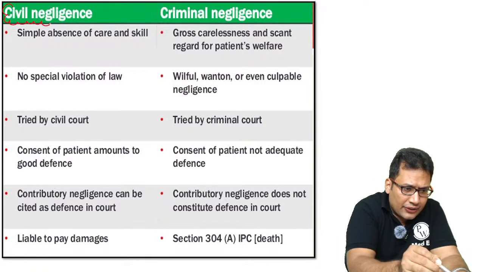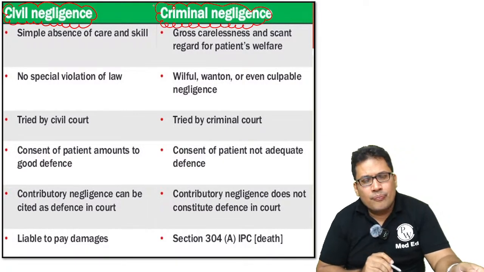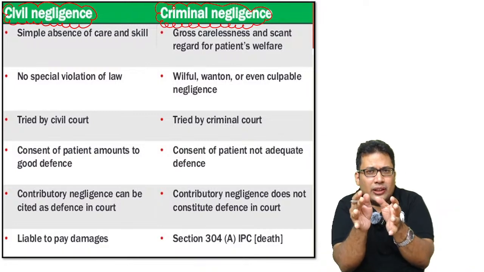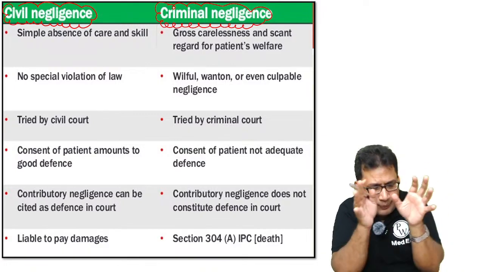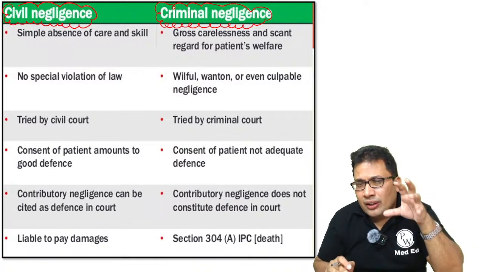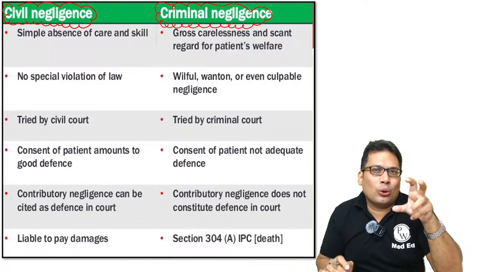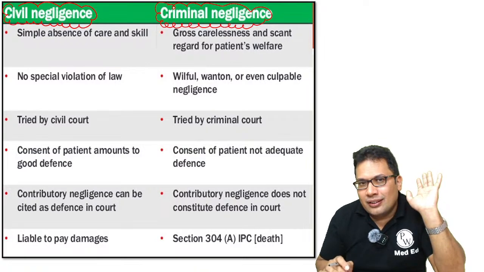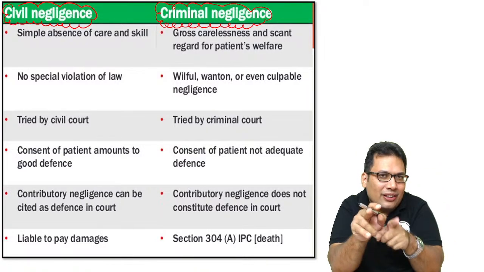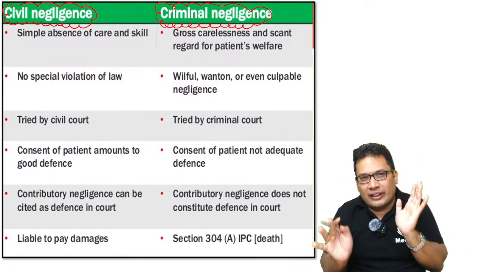Civil negligence. The second one is criminal negligence. What is the difference between civil and criminal negligence? Remember, in civil negligence, the civil court or the consumer court handles the case. In criminal negligence, the criminal court handles the case. That is the basic difference.